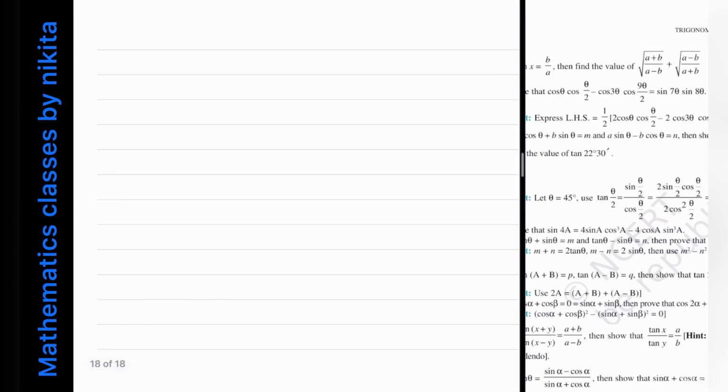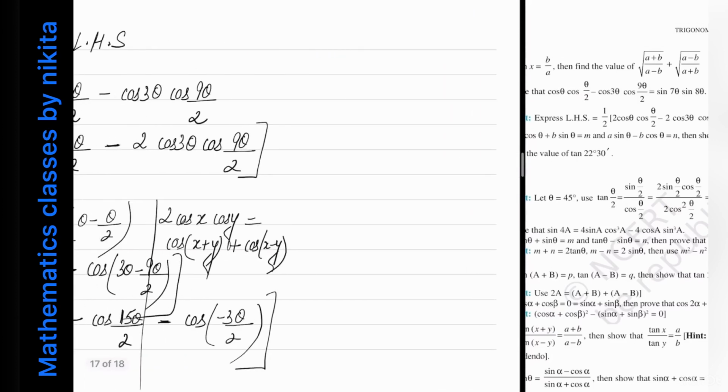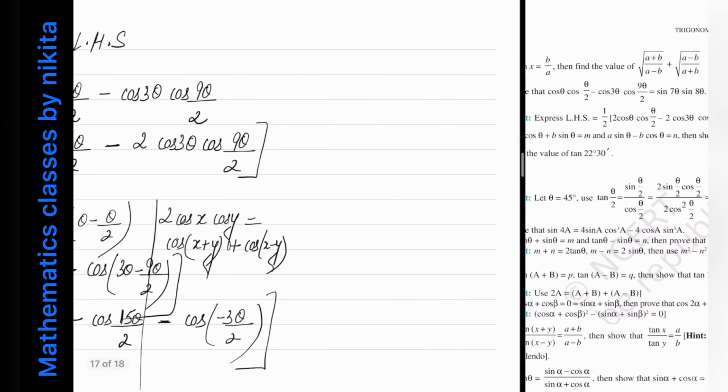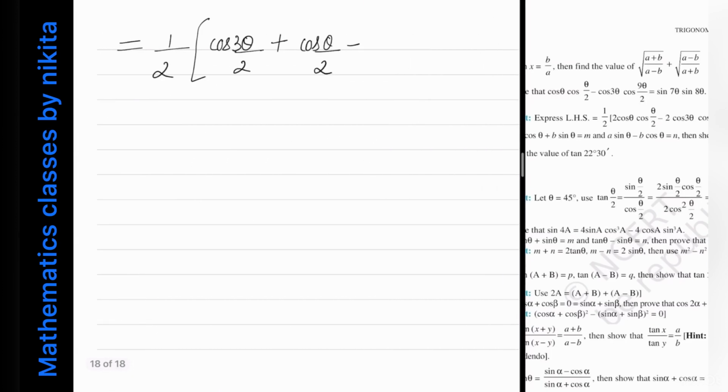This will be equal to half cos of 3 theta by 2 plus cos of theta by 2, then minus cos of 15 theta by 2, and then minus cos of 3 theta by 2, and I am using the formula that cos of minus x is equal to cos x.